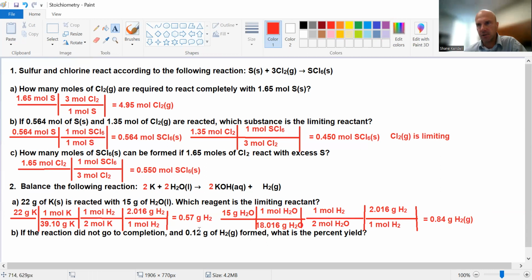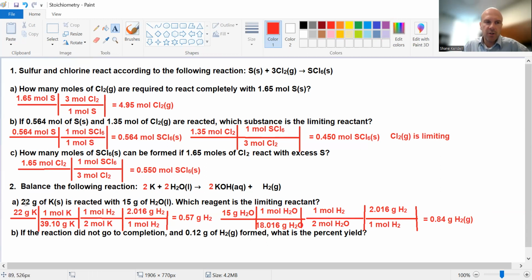The molar mass of potassium is 39.1. The molar mass of the water is much less at 18.016. So because the molar mass of the water is less, relatively speaking, you can generate more moles for a given mass, if that makes sense.